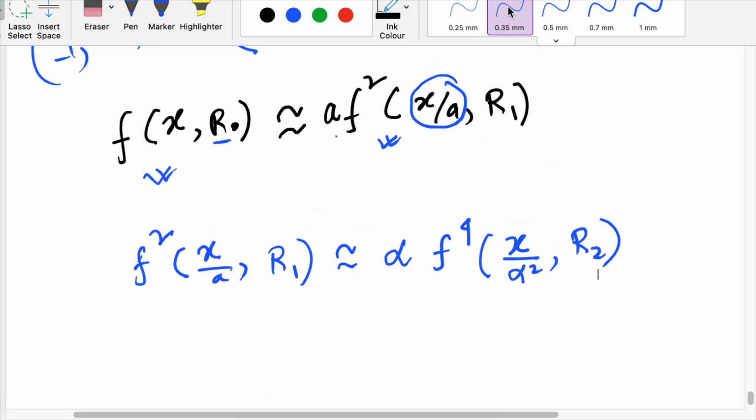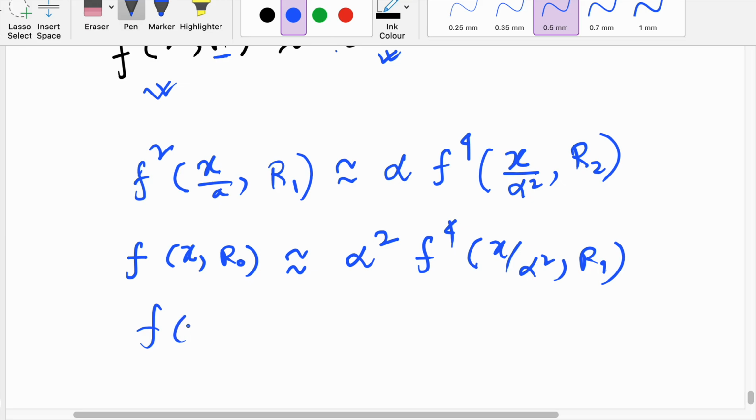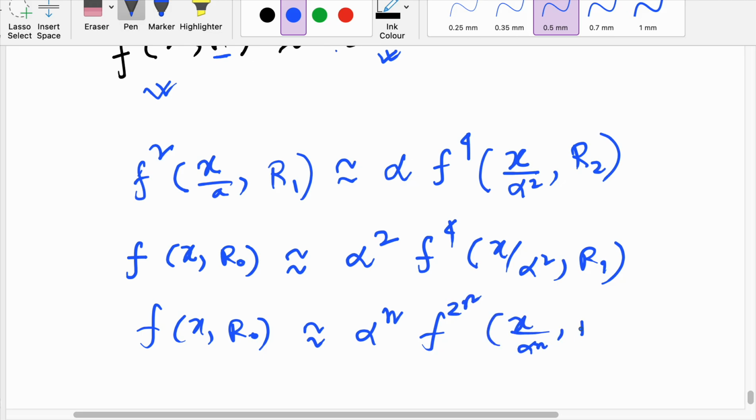In a similar way, f of x comma r0 is quite similar to alpha square f4 x by alpha square at r2. Now if I go in this way, f of x r0 should be similar to alpha to the power n f of 2 to the power n, x by alpha to the power n comma rn.